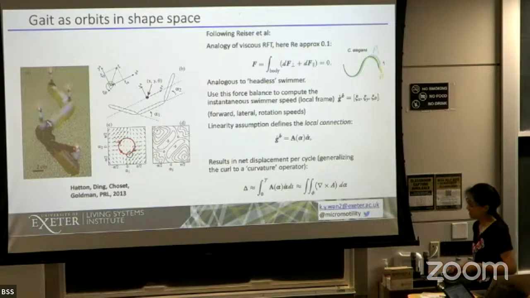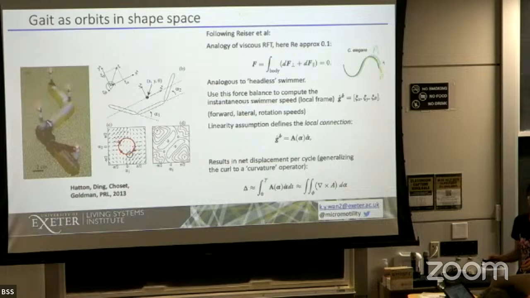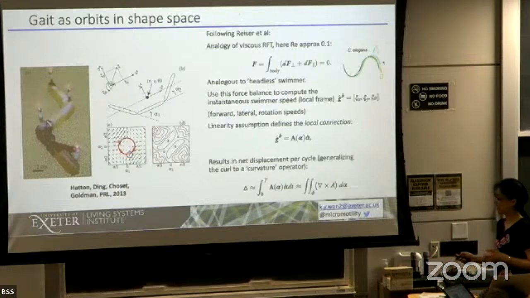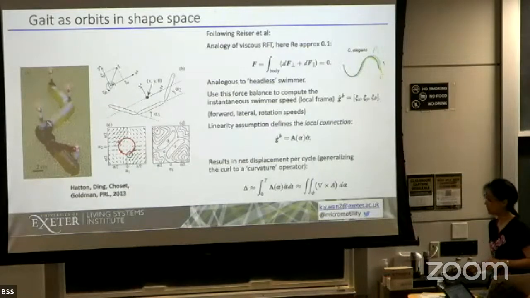And then the advantage of that is you can estimate the displacement per periodic cycle, as you can visualize it as a path or orbit through this space, which is expressed as an integral.